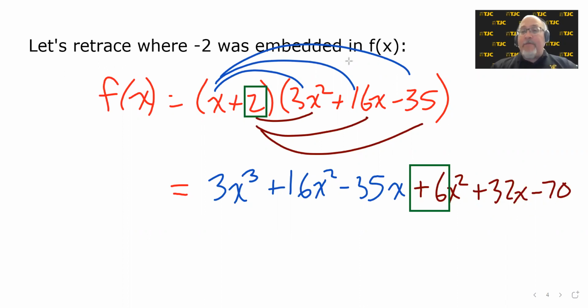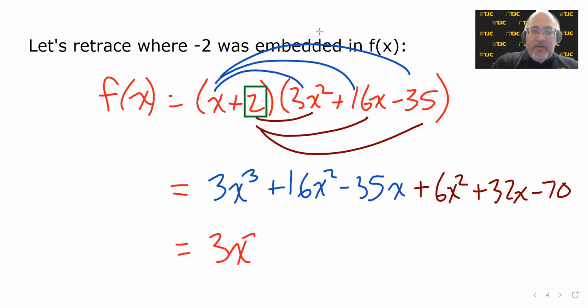But if I were to finish combining things, the only x cubed term is the first one, and it didn't have the 2 to begin with, so that doesn't tell us anything. However, I have two x squared terms: +16x squared and +6x squared. When I combine them, I get +22x squared.